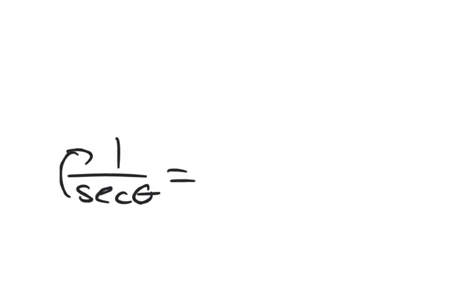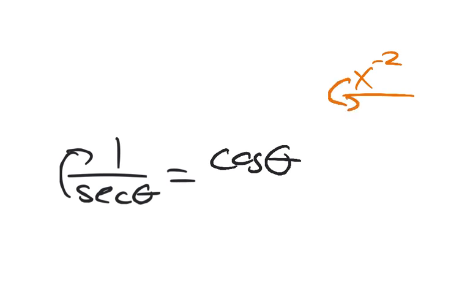All right? If I had secant in the denominator, I could move secant to the numerator and it becomes cosine. I don't know if you guys remember doing this. You would have originally learned negative exponents. x to the negative second, if I move this to the denominator, it becomes 1 over x to the positive second. Right? Negative exponents just mean flip it to its reciprocal, and it would become positive.